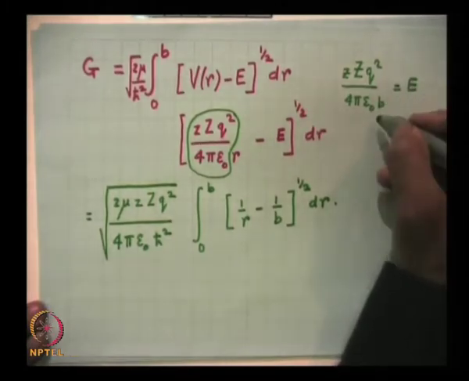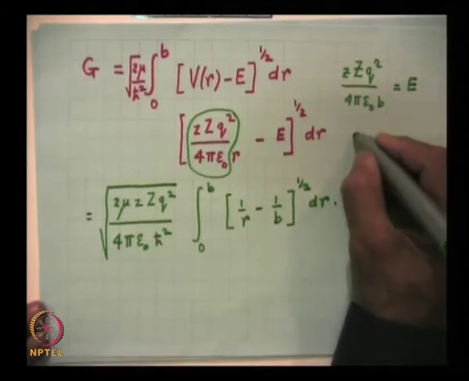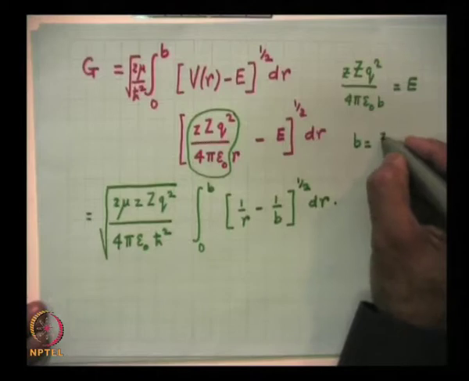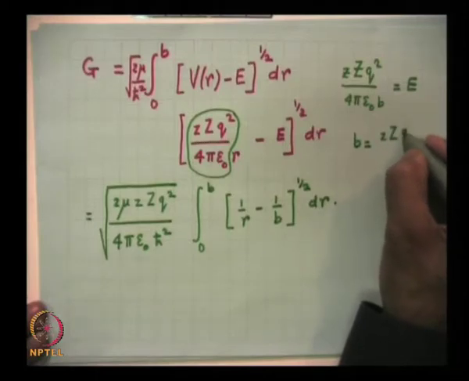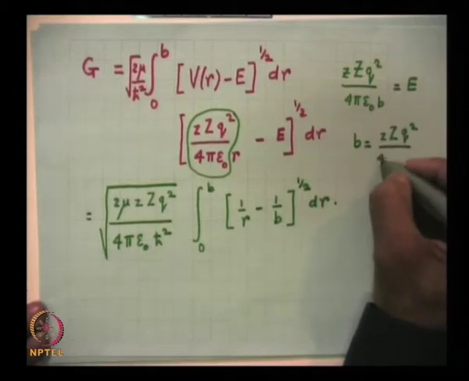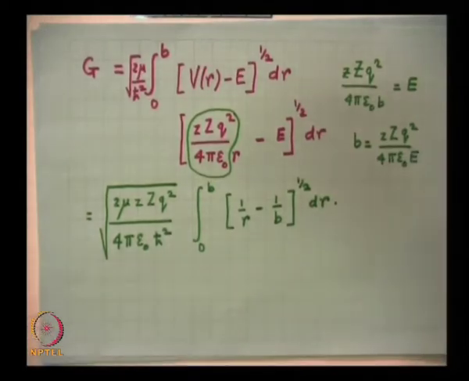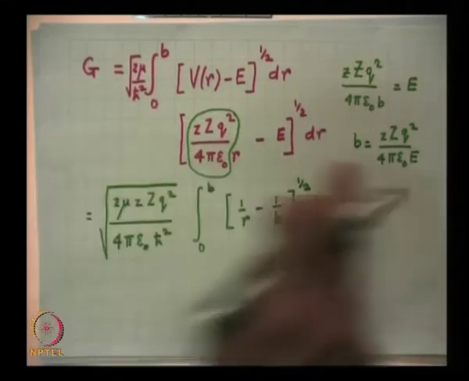So, b is therefore equal to z Z q square by 4 pi epsilon naught E. E is the energy of the alpha particle. Okay. Now, let me integrate this, and then we will come back to this.